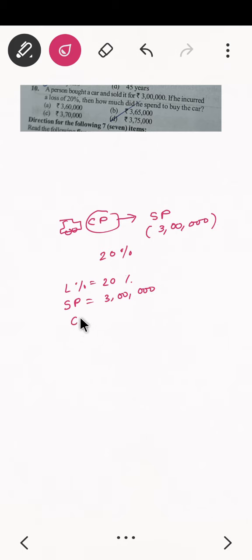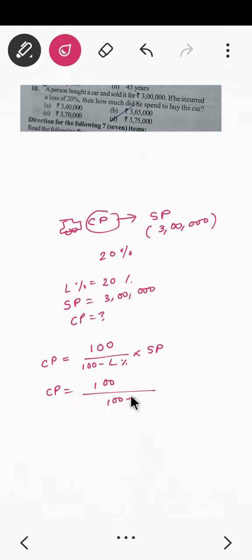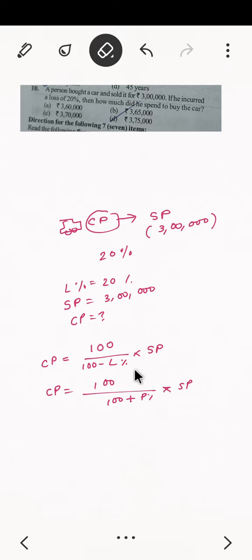We know the formula: cost price is equal to 100 by 100 minus loss percentage, into selling price. And if it is a profit, it is 100 by 100 plus profit percent, into SP. Since it is a loss, we use this formula.